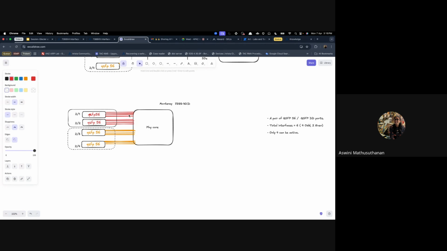If these 3 are active, remember we can use 4 of the odd interfaces, and only 4 per pair can be active. So if these 3 are active, 4 links are already utilized. So this one goes inactive. The whole even side goes inactive. That is, even in the even side, it just mentions 1/1 and 1/3 are inactive.